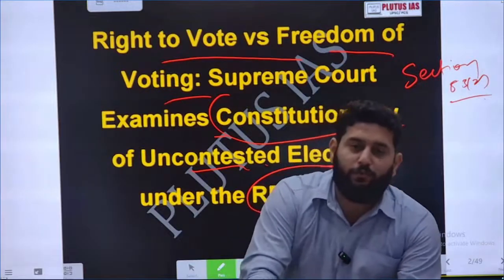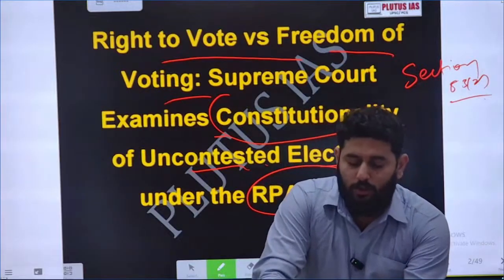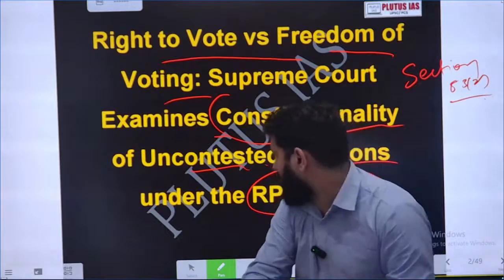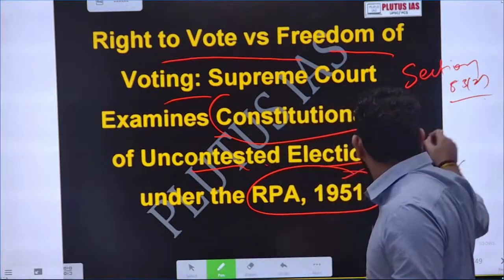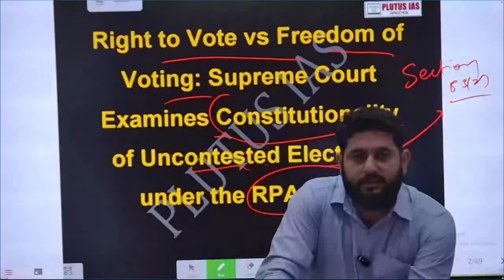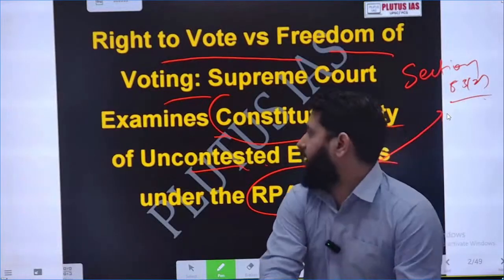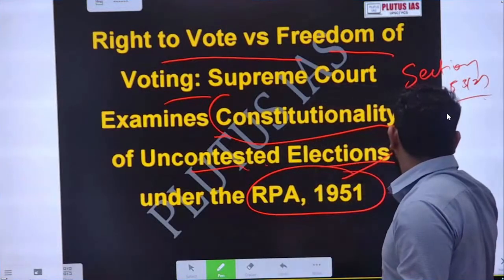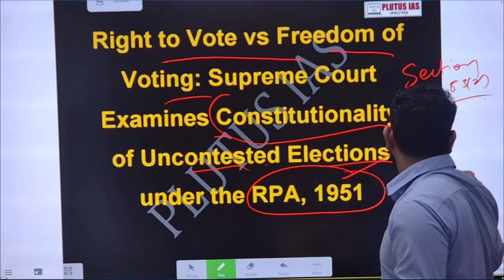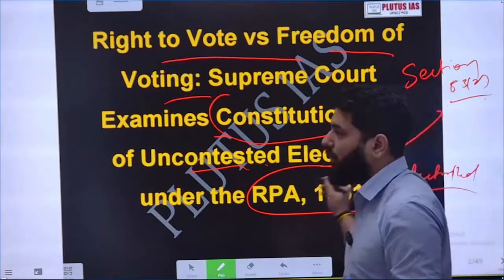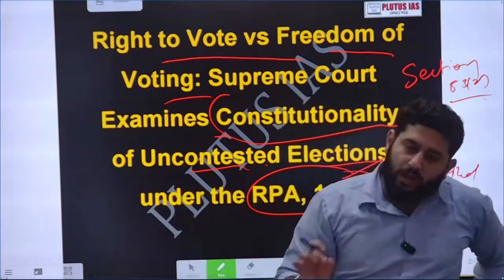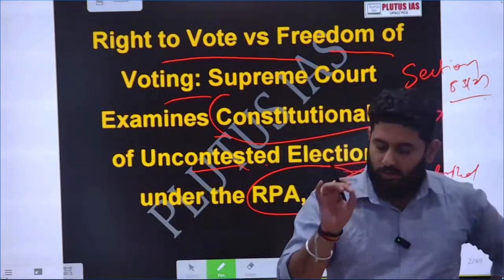Section 53, Clause 2 of the Representation of the People Act 1951 allows a candidate to be declared elected unopposed.